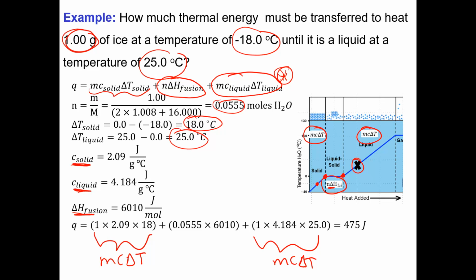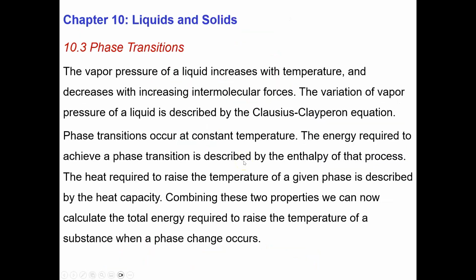The mass is the same, of course, 1 gram. And then we're doing our n delta H in the middle there to account for the phase change from solid to liquid. So it's a little bit of work, and there's not really any way of speeding it up. You just have to be slow and cautious. Okay, so that concludes the video for section 10.3.